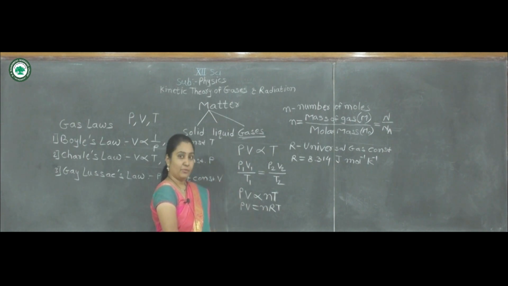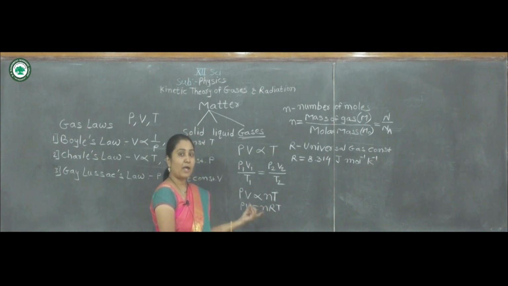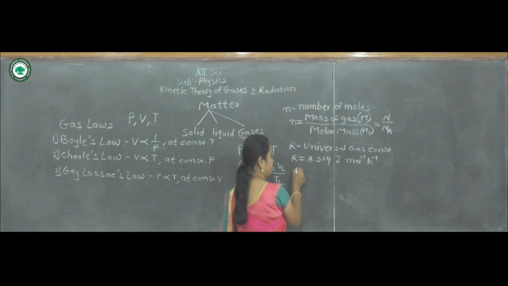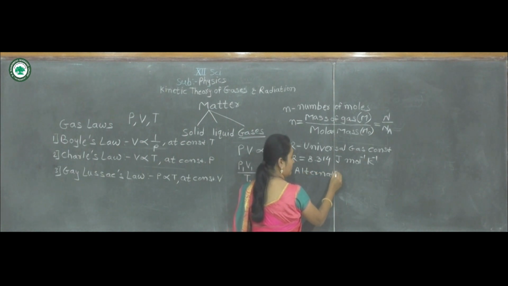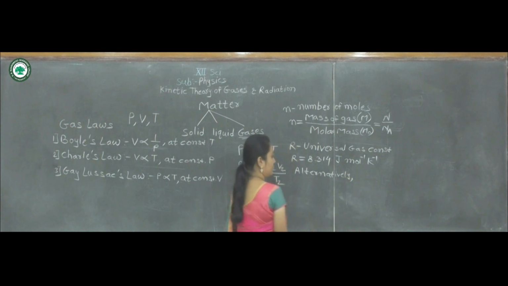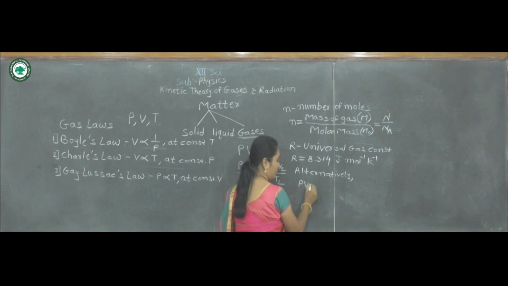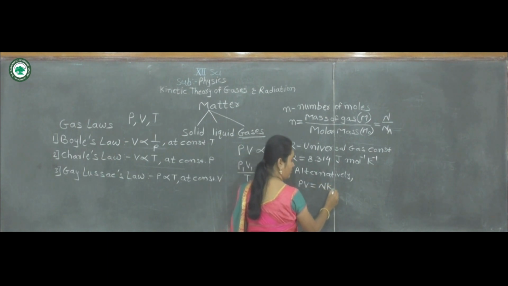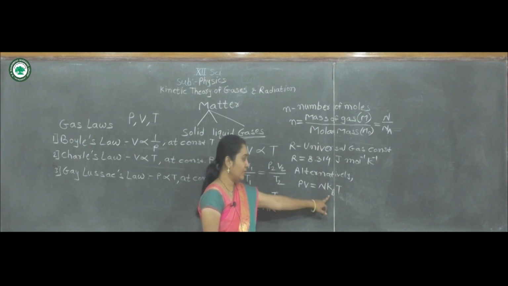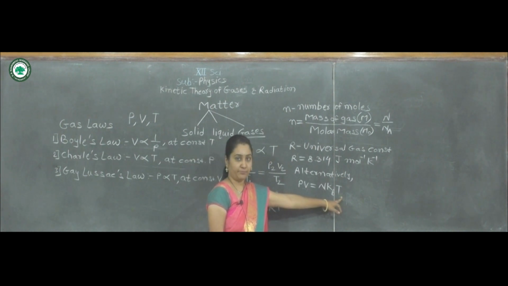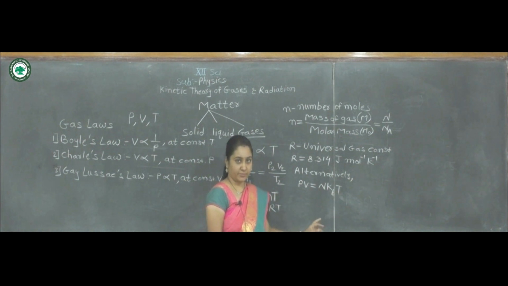Alternatively, this equation of ideal gas can also be written as PV is equal to N Kb into T, where Kb is called the Boltzmann constant.